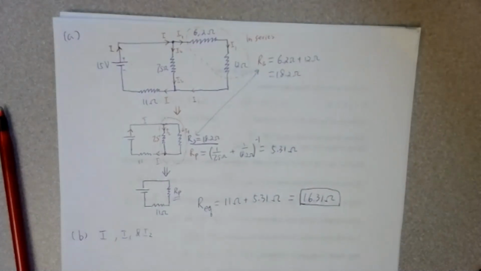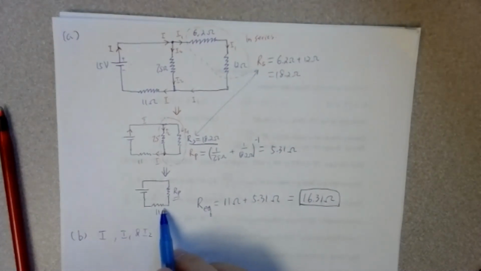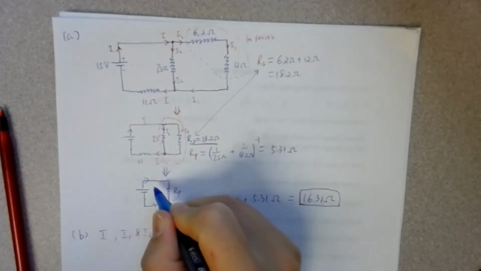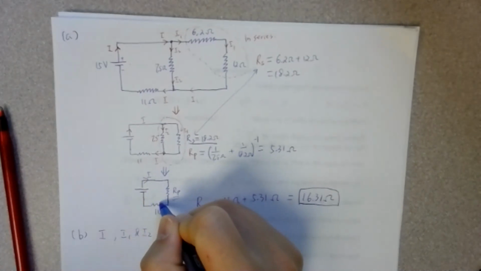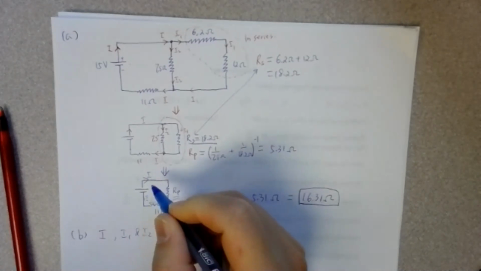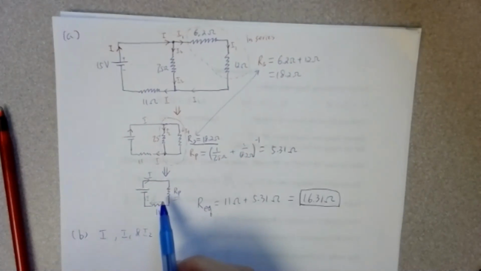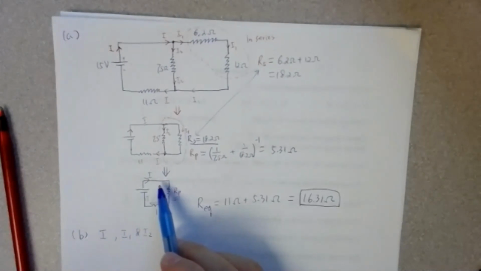In that sense, we can take a look at this most simple one here. So I goes through there, then comes back through this guy, right? So you actually can figure out the overall current through the whole circuit.